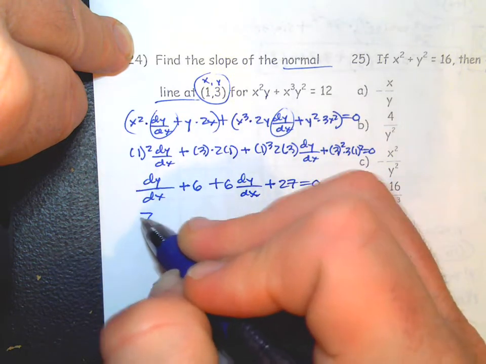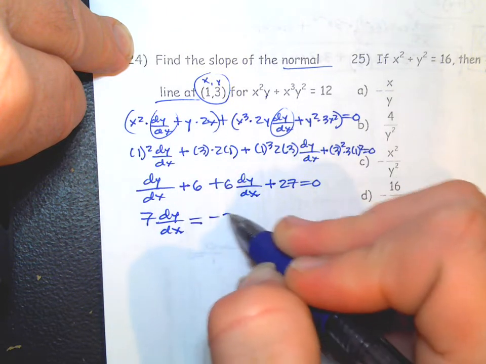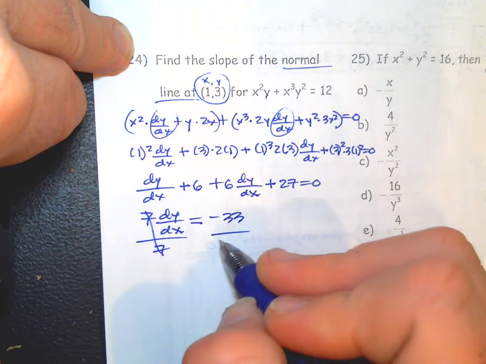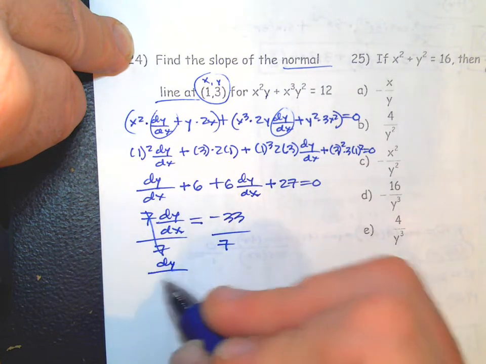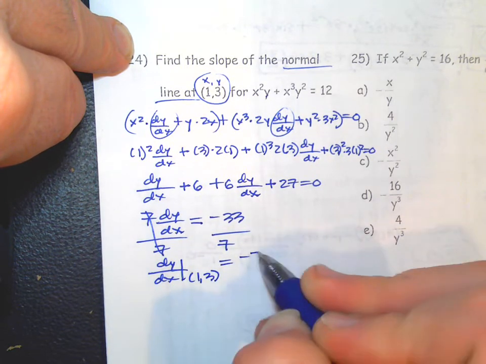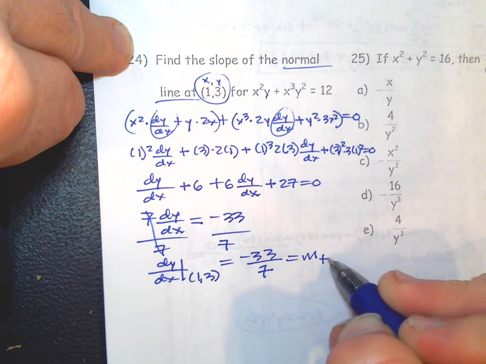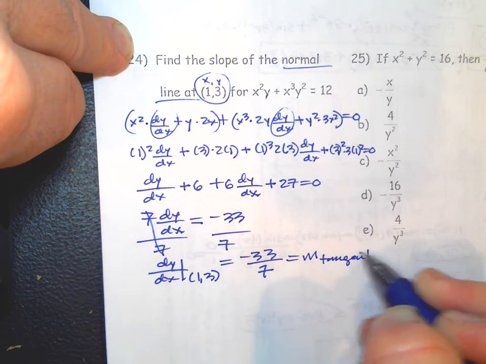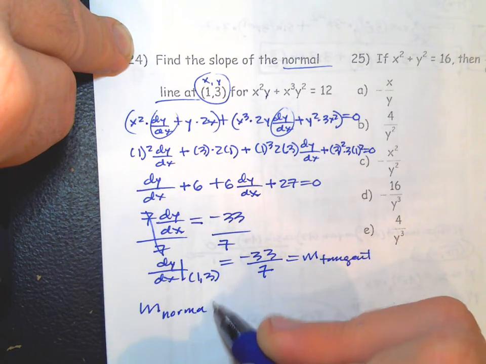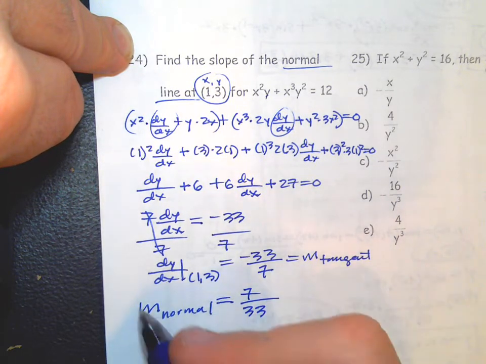So we get 7 dy dx equals negative 33. So dy dx at the point 1 comma 3 equals negative 33/7, which is the slope of the tangent line. So the slope of the normal line is the negative reciprocal of that, so positive 7/33.